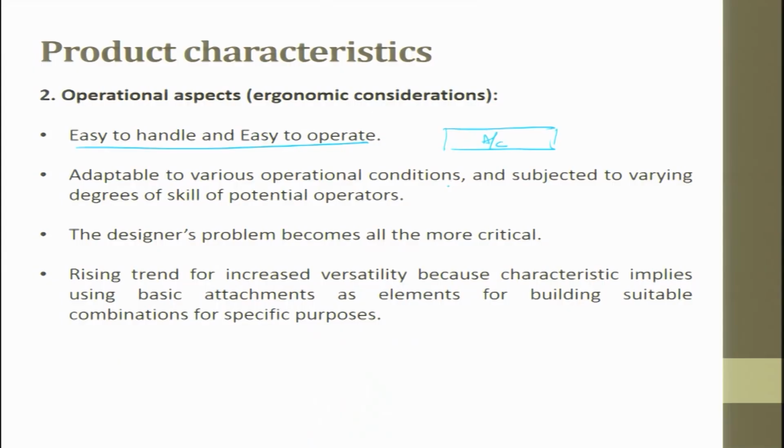Whereas the ACs which are sold in the Middle East, they have anticipated the temperature will go to 50 or 55 degrees Celsius. So, they make sure their compressors are made safe to operate till 55 degrees Celsius and then they conk off. So, adaptability to various operational conditions, subjected to varying degrees of skill of potential operators.